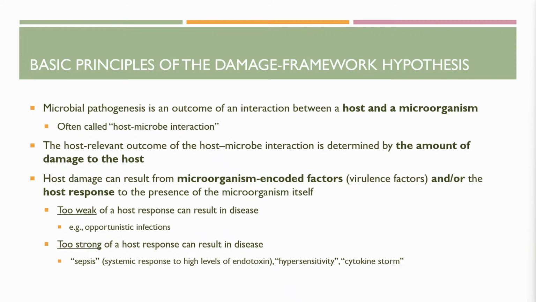You can also have too strong of an immune host response that can result in disease, and we talked about this in the context of having a cytokine storm. That's going to be detrimental to organs and can lead to death. You can have sepsis, which is a systemic response to high levels of toxins. So you can have bacteria that ends up getting into the bloodstream.